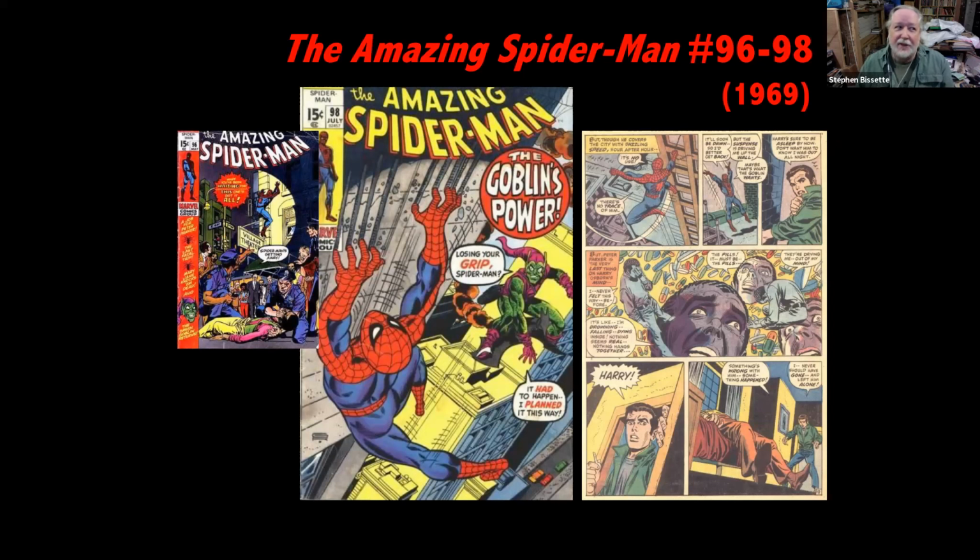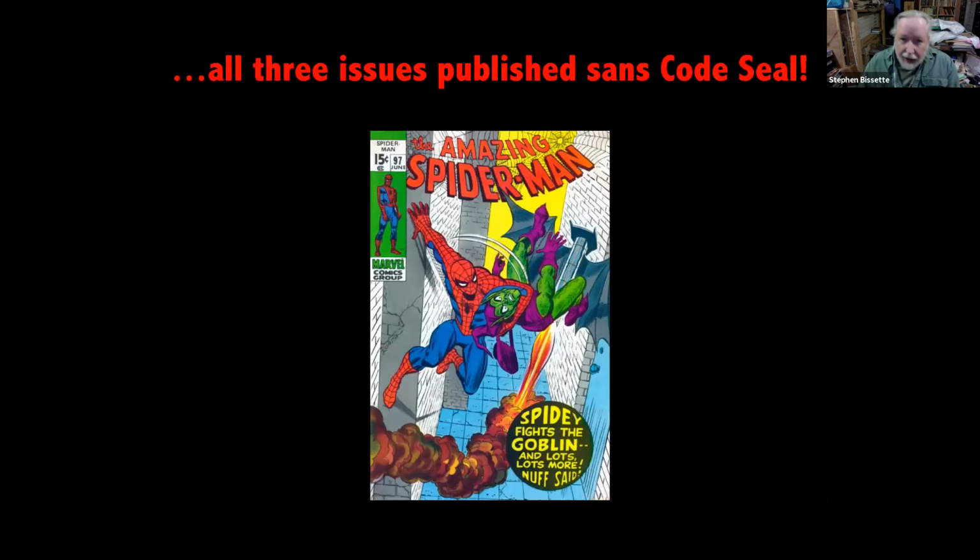And Marvel said, but the FDA asked us to. And Marvel took the extraordinary step, for the time, of putting these books out without the code seal. They were still sold on newsstands, and they got nothing but remarkable positive press, including articles in major newspapers, magazines like Time and Newsweek, and so on.